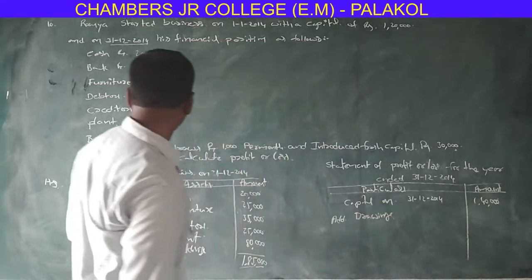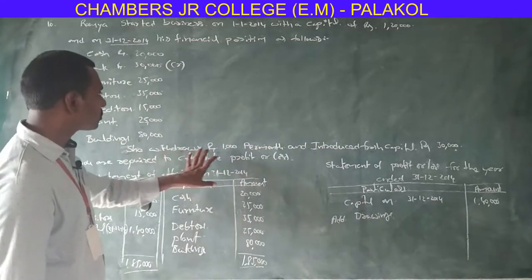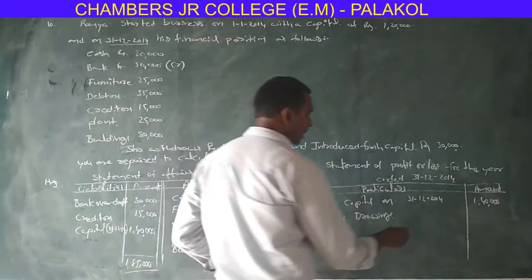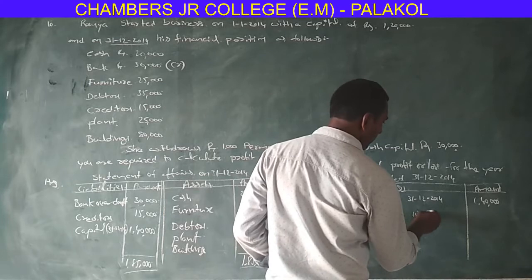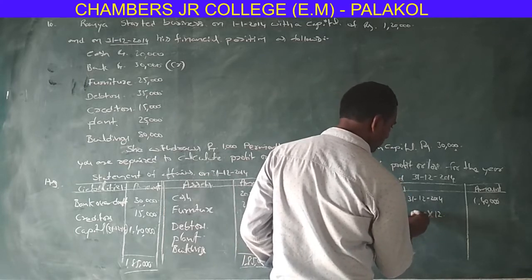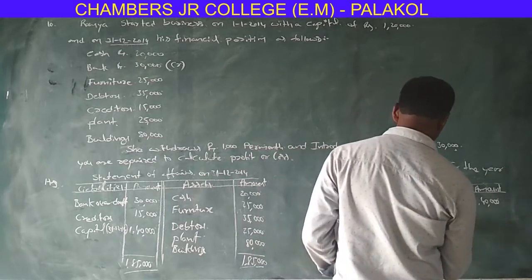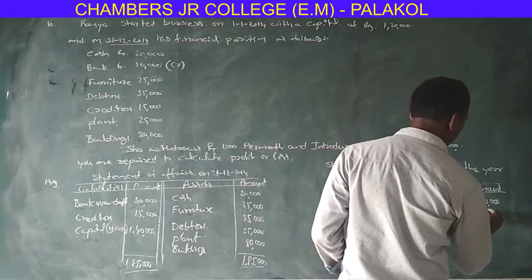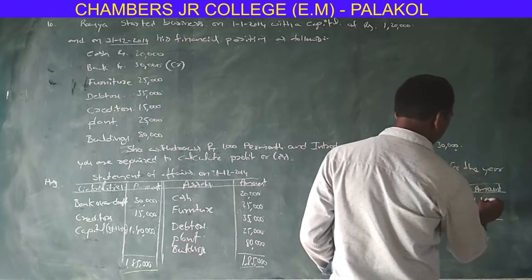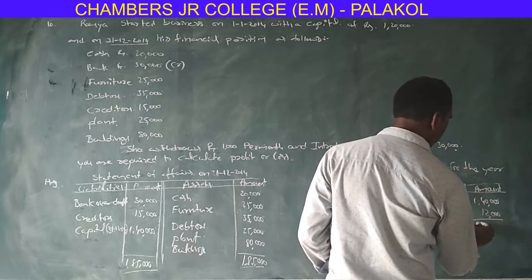Drawings amount here: she withdraws rupees 1,000 per month, so yearly 1,000 into 12, that is rupees 12,000 yearly. 1,40,000 plus 12,000 is 1,52,000.